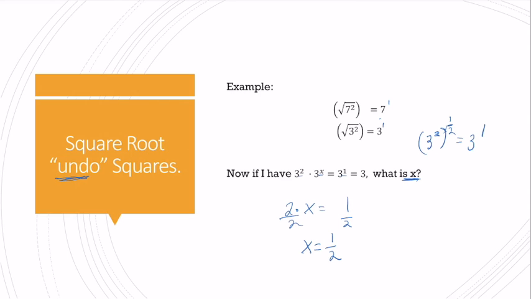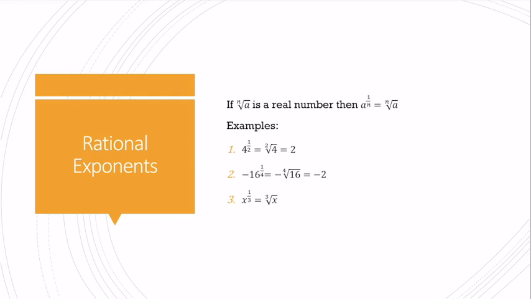Essentially, square roots are the exponent of 1/2, and the same is true for all roots. We're going to have different fractional exponents. So if I'm taking the nth root of a, and it's a real number, then a to the 1 over n equals the nth root of a. They're interchangeable, is what I'm trying to say here.